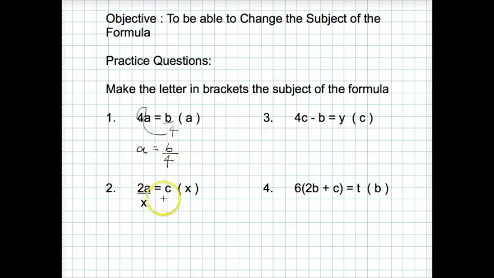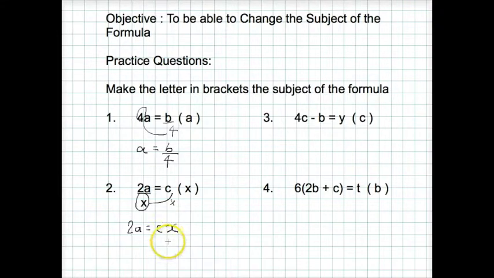Question 2 then. This time we need to make x the subject. Now we've got to do this in two stages. What I'm going to do first of all is take this x, which I'm dividing by on the left hand side, and multiply. So I need to multiply the c by the x. So the first step would be to show 2a equals c times x.